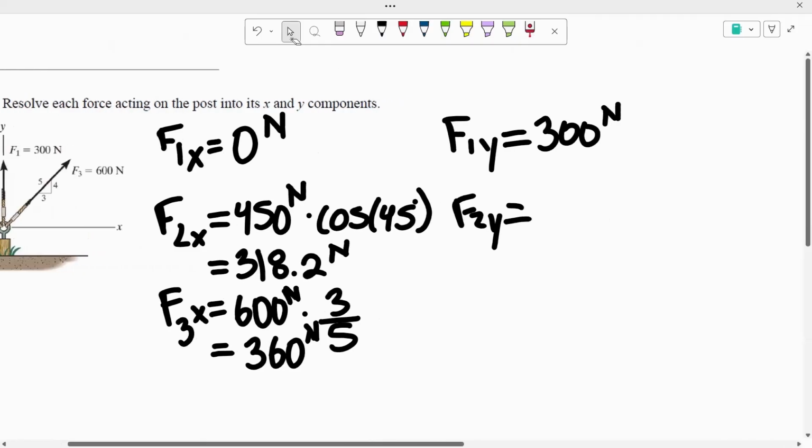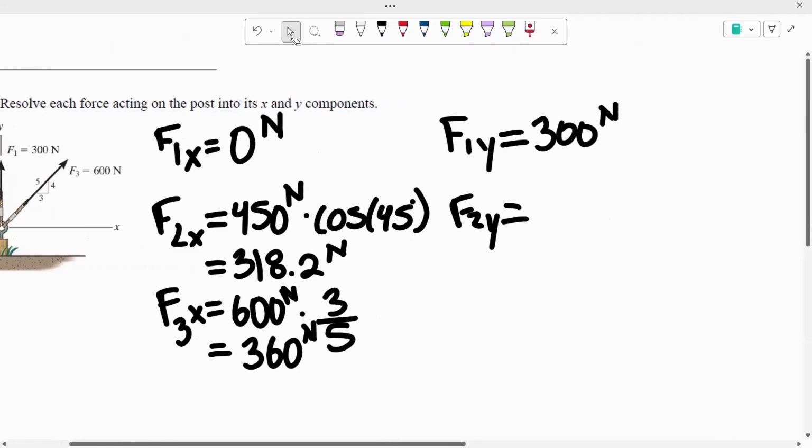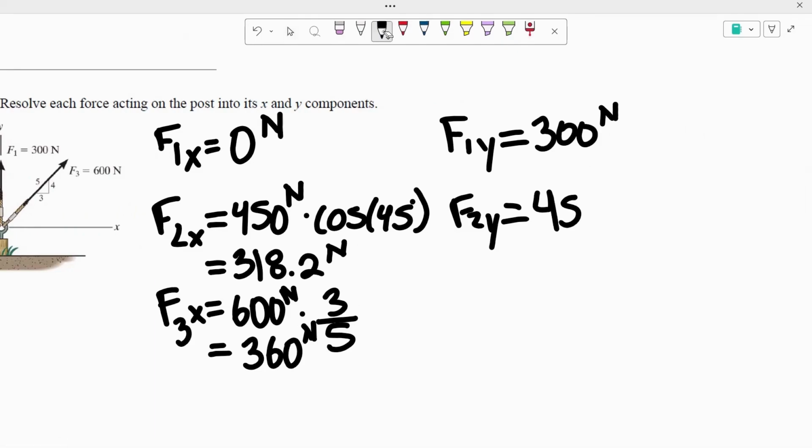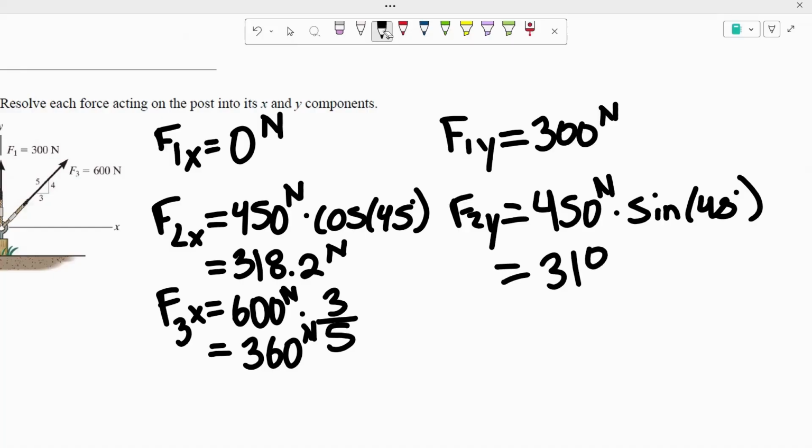So F2 of y is equal to 450 newtons times sine of 45 instead of cosine. That should give us 318.198 also, so we're going to round that to 318.2 newtons.